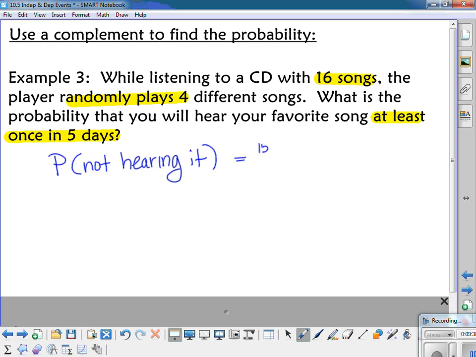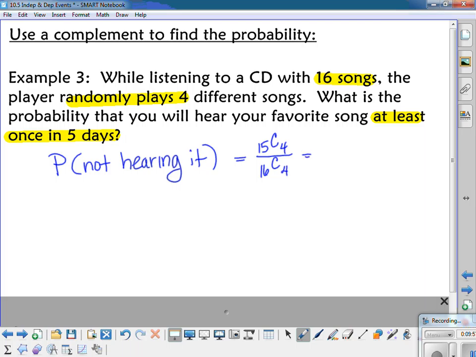So I could do 15 choose 4, or again, you could just do 15 times 14 times 13 times 12. But the total songs on the CD, I have 16 of them, and of those I'm going to choose 4.